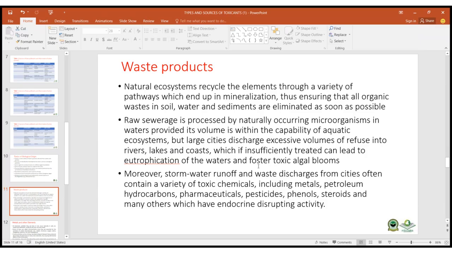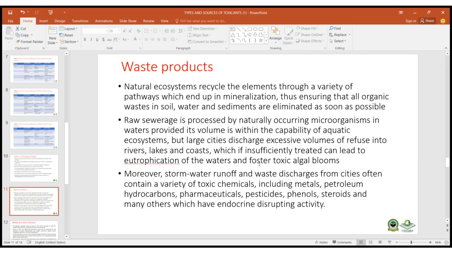So again, if there is a runoff or waste discharge from cities, these wastes also contain toxic chemicals. They contain metals. They also contain petroleum hydrocarbons, even pharmaceuticals or pesticides or phenols, steroids, and many others. And once they come in contact with these water bodies, they can bioaccumulate inside the fish.